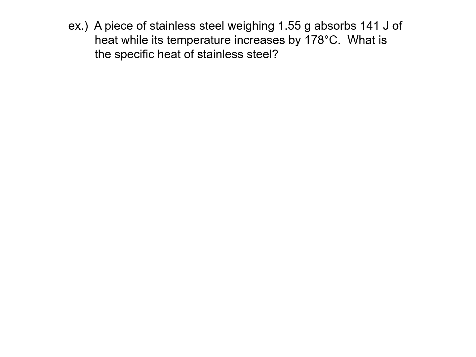So let's go through and figure out what we know. It says 1.55 grams. Well, we know grams is mass. It says 141 joules. We know joules is heat, so that's Q. It says the temperature increases by 178 degrees Celsius. Well, that's a temperature. And it says that it increases by that amount, so that's our change in temperature. And then finally, it's asking, what's the specific heat capacity?